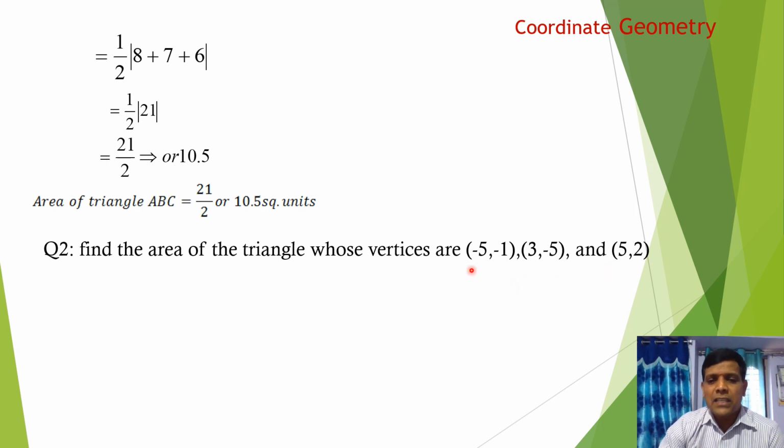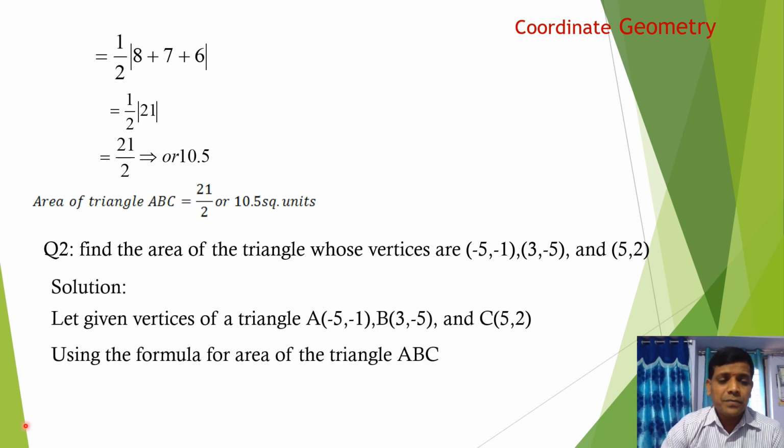Let A(-5, -1), B(3, -5) and C(5, 2), and compare with (x1, y1), (x2, y2) and (x3, y3). Coming to solution, let the given vertices of a triangle be A(-5, -1), B(3, -5) and C(5, 2).